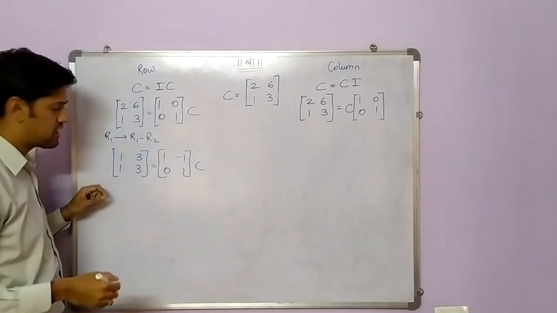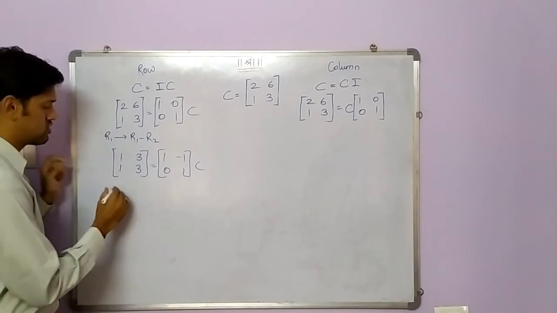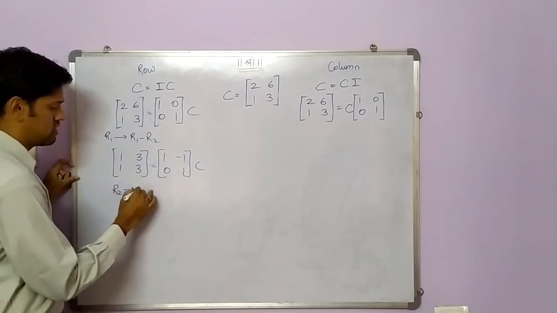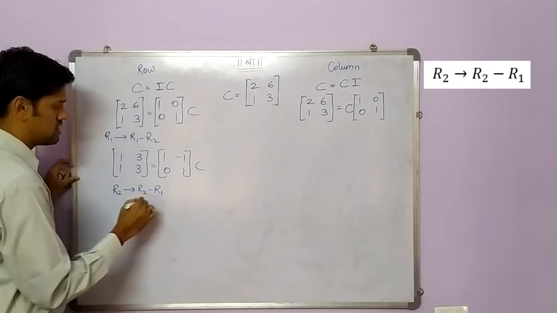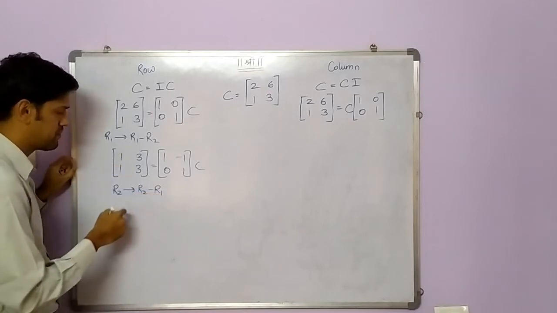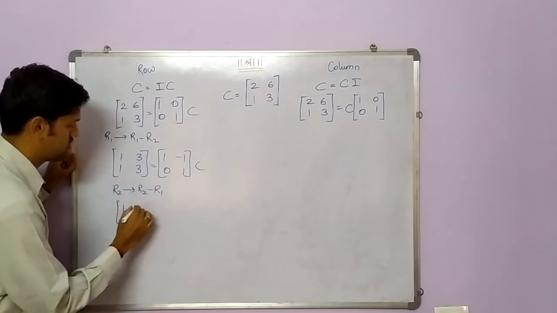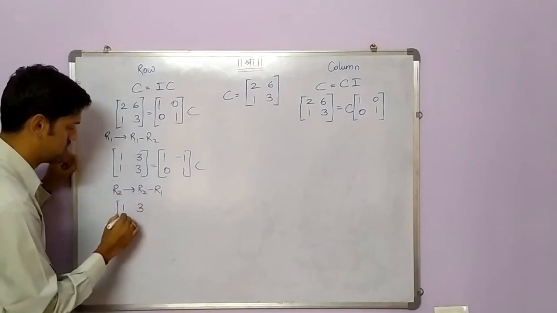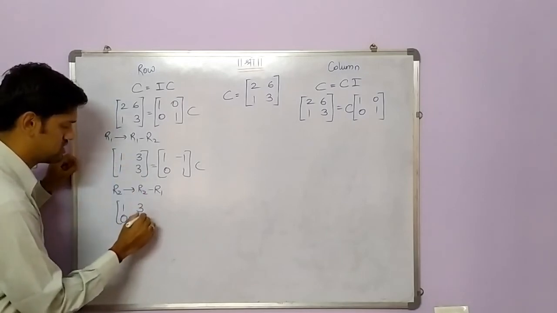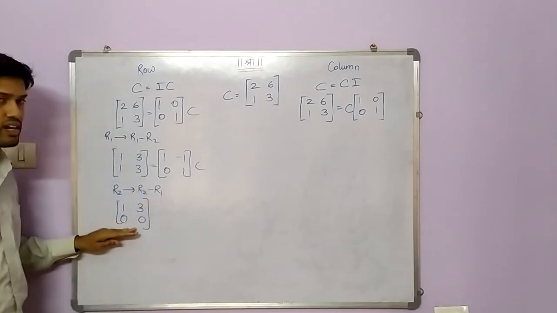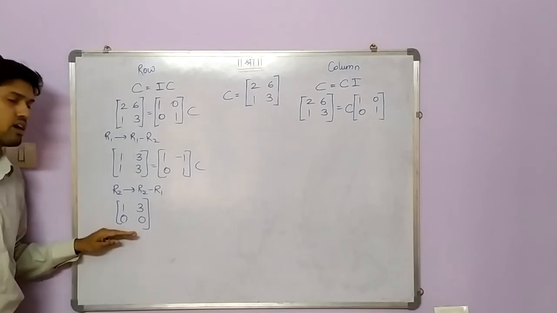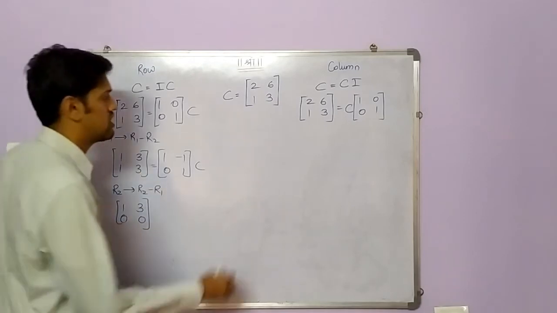See, next target is to make this 0. So what I will do is R2 minus R1, this minus this. So first row will remain as it is. It will be 1 minus 1, 0, 3 minus 3, 0. The moment you get this particular result, the inverse of the matrix does not exist.